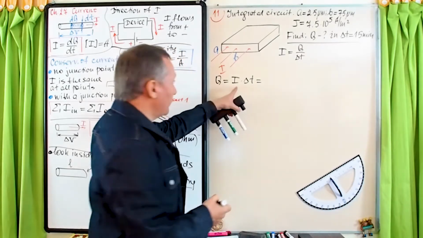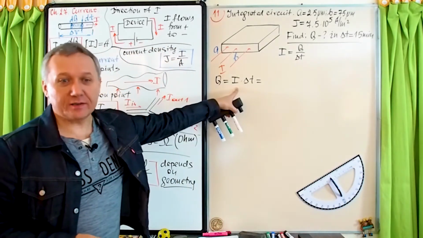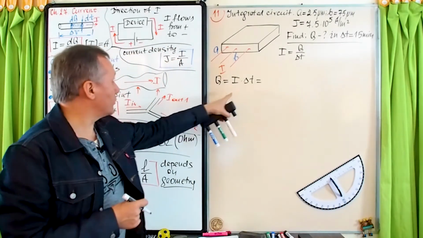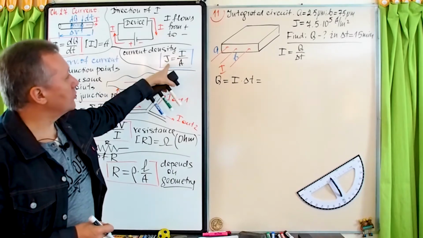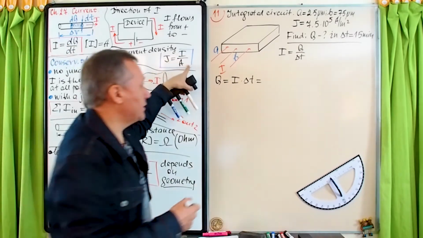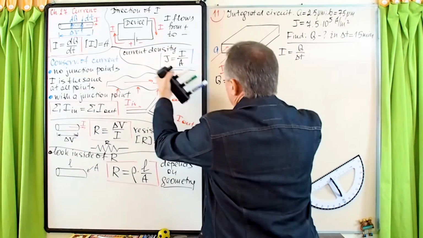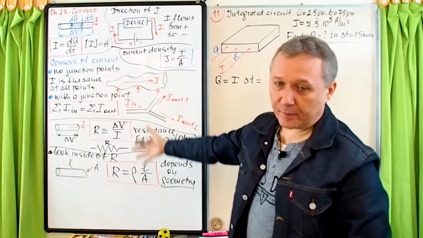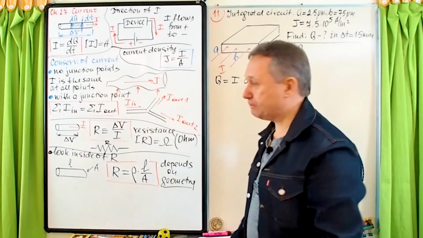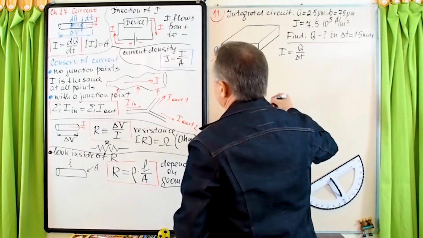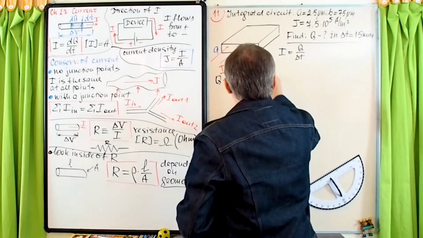All right, so can we find current? No. Current density is given. Finding current is trivial: J times A. Simple manipulations, it's not an alphabet. So we need to get through this.